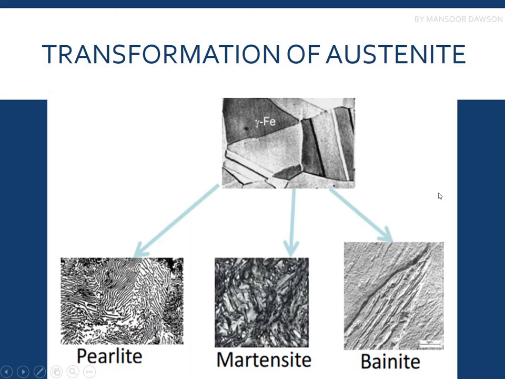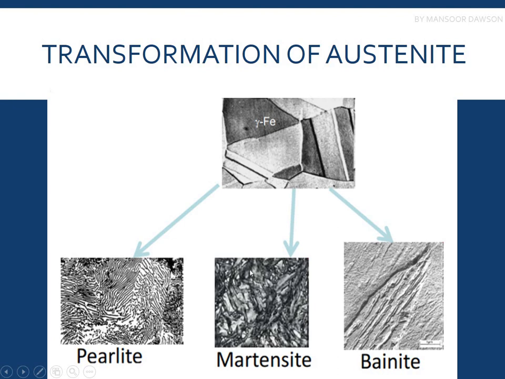Basically, this is a transformation from austenite to pearlite. We know this pearlitic structure. This is the lamellar structure of alpha and cementite, and this is bainite. You can see that you don't see these lamellae anymore, but you can see these small, fine carbides in a ferrite matrix.